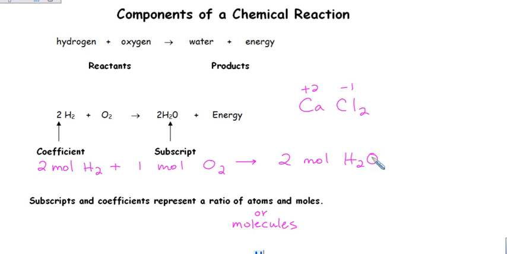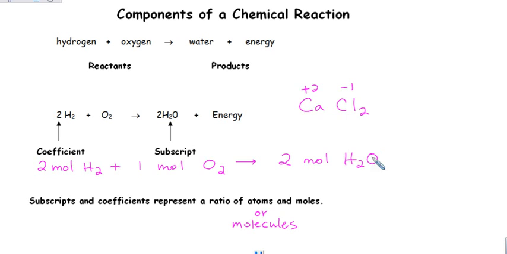On a larger scale, let's use moles. We're still keeping the ratio consistent. If I form 2 moles of water, I have a 1-to-1 ratio between hydrogen and water. And for every 1 mole of oxygen, I get 2 moles of water. I get twice as many particles of water.